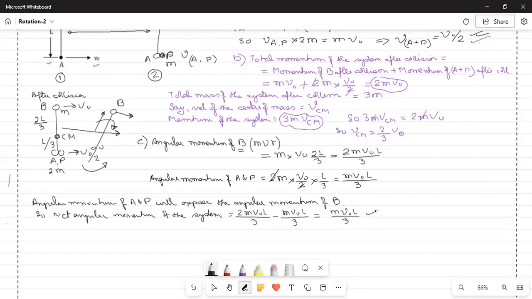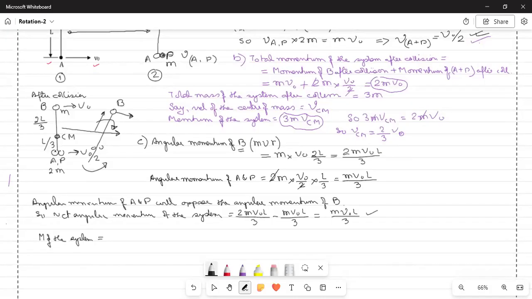Now we use the relation angular momentum is equal to I omega. Then we shall immediately find out the value of omega, right? So we need to know the I of the system, the moment of inertia of the system. This is a very light rod. The rod is not a part of the system.